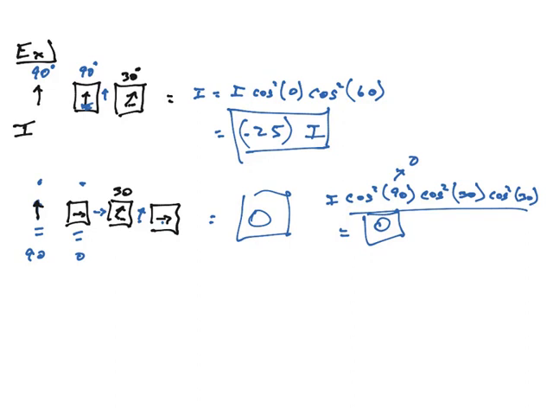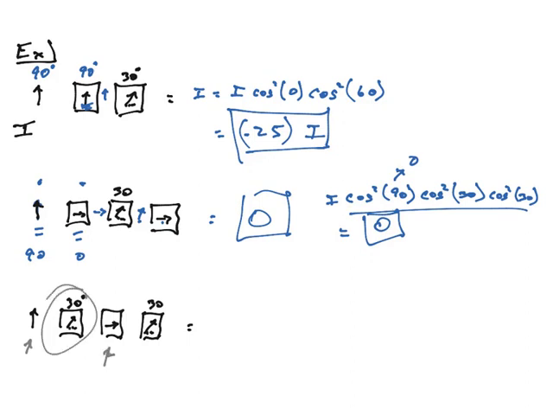Try another example. We're up, we go through 30, we go through horizontal, and we go through 30. All right, well, first thing, it's not necessarily 0. Even though if you look, here's 90 and here's 0, they're perpendicular to each other.